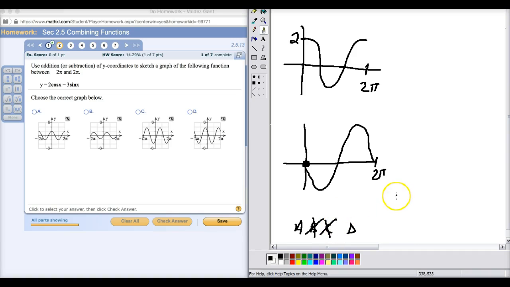Okay, so we see that the answer now is in between A and D. How we are going to figure this out is, if you notice, sine and cosine functions are very similar to one another. Matter of fact, the only difference in between them is a phase shift. So for instance, I have a cosine function drawn here. I'm going to draw a sine function next to it for the same length of x values.